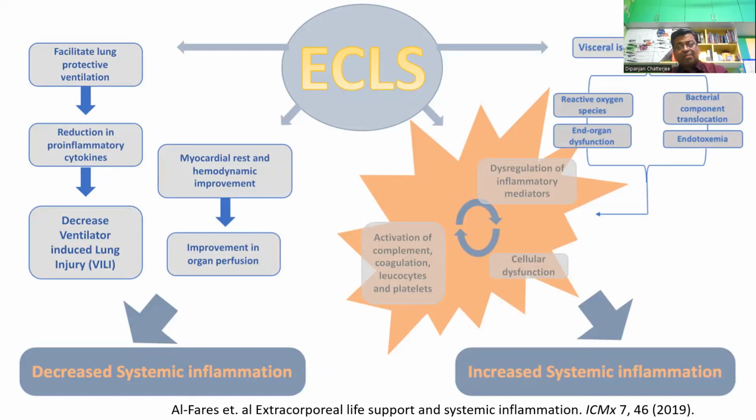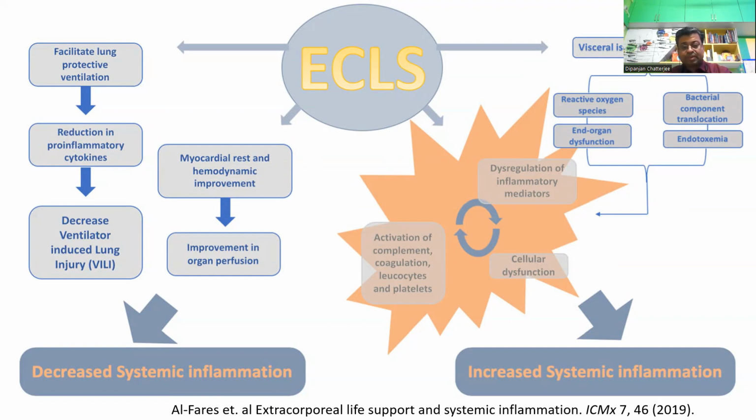Finally, what happens to the inflammatory system in the body? Because extracorporeal life support or ECMO facilitates protective lung ventilation, we are able to give lung rest, and the myocardium can be given more rest with the tissue perfusion increase. The SIRS activity, the inflammation in the lungs, goes down because of less tissue hypoxia.